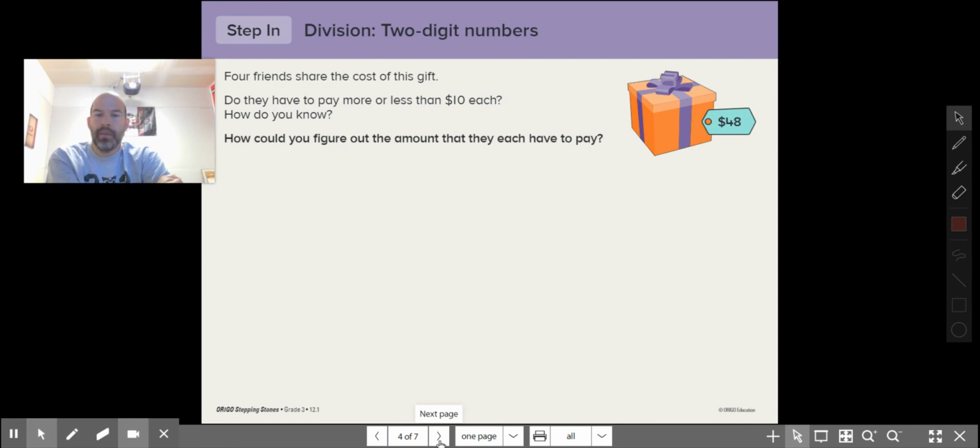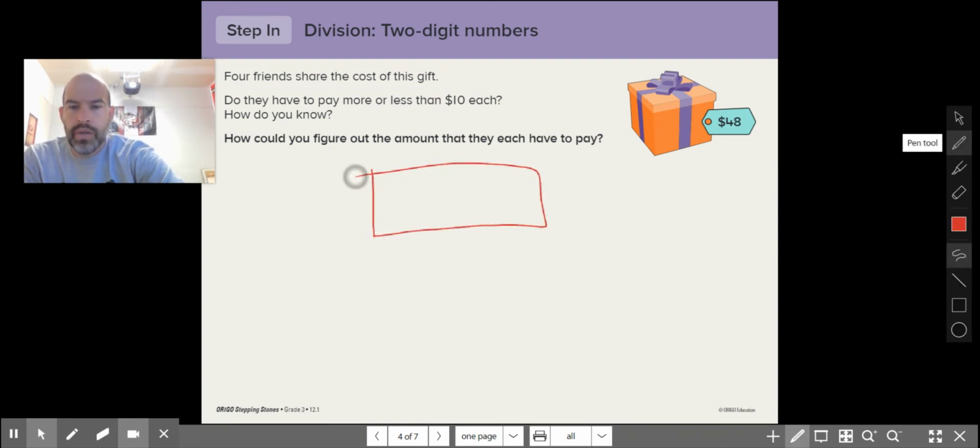Now, how can you figure out the amount that each has to pay? So we could do $48. Oops, hang on, let me see here. So we could do $48. So those are $10 bills.